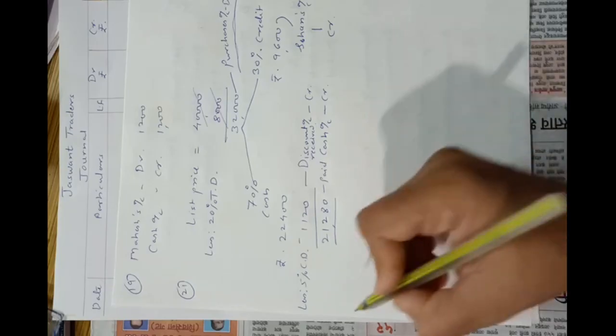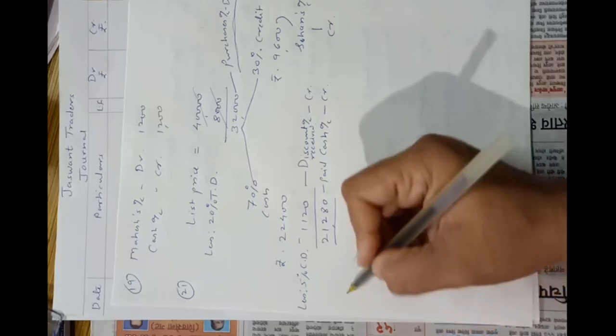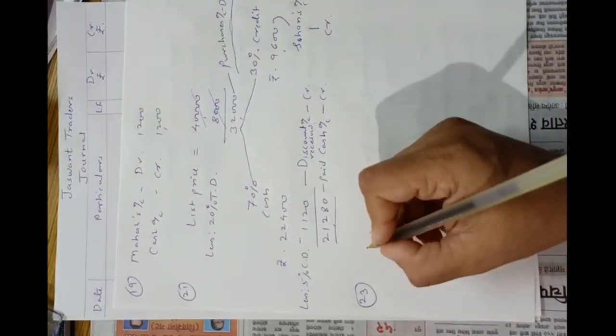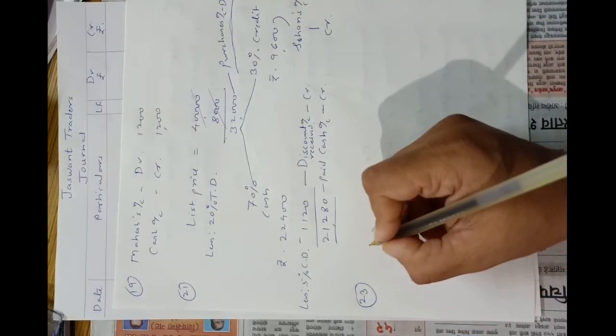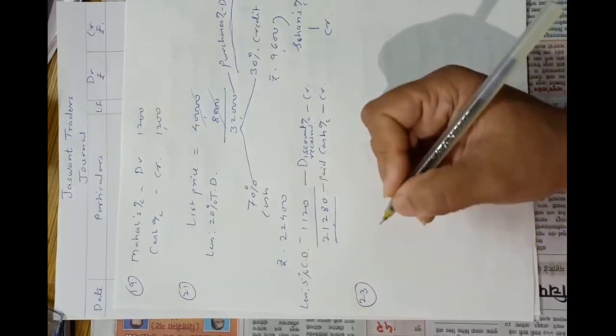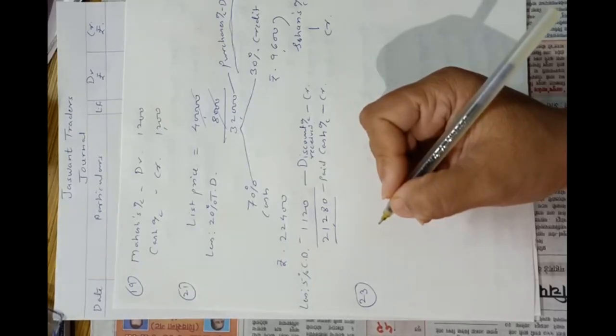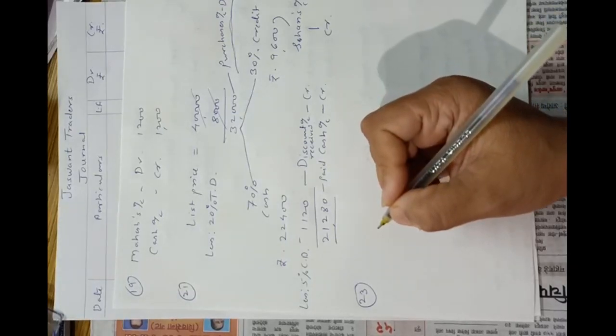Okay. Now next entry April 23rd. I hope all of you understand what I explain. You can ask your doubts. Sold goods to Sunil of rupees 30,000 less 20% trade discount and 10% cash discount and received 20% by check. Okay.